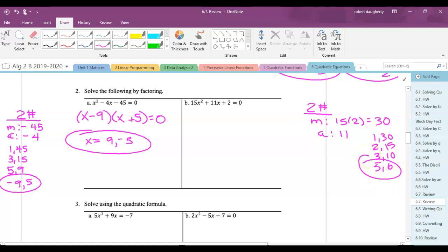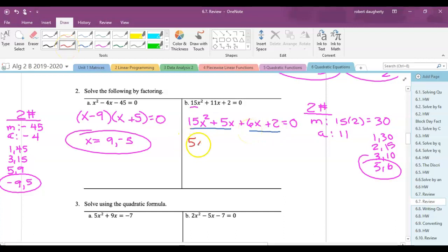Because this number is not a 1 in front of that x squared term, I have to rewrite this equation in order to use factor by grouping. So plus 5x plus 6x plus 2 equals 0. And then I'm going to factor this by grouping. What do the first two terms have in common?